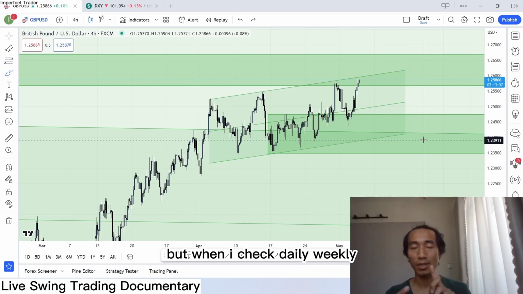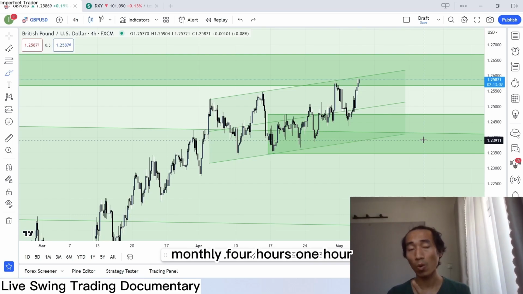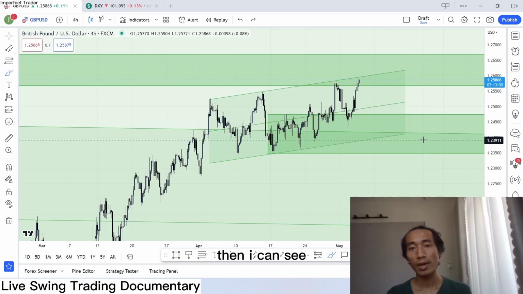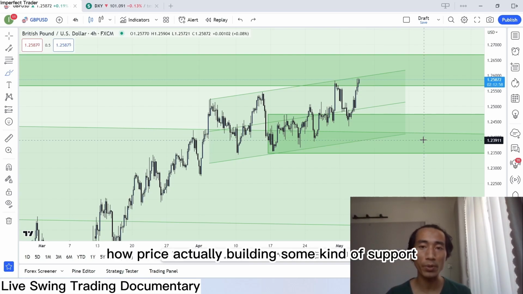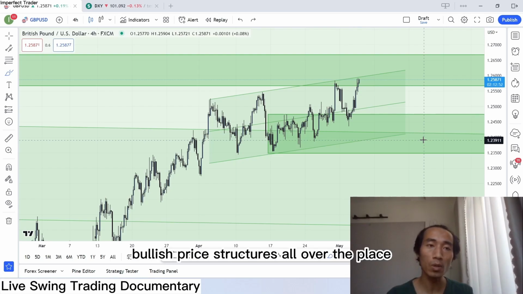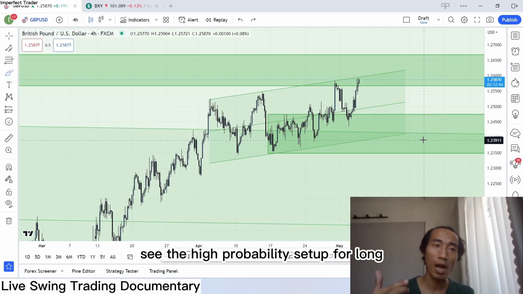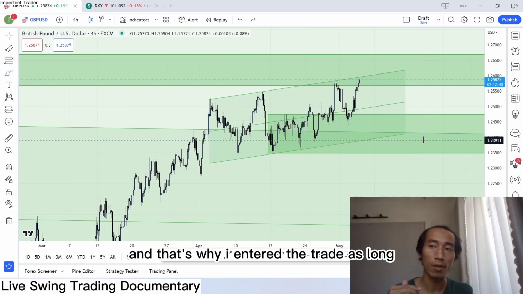But when I checked daily, monthly, 4 hours, 1 hour, then I could see how price was actually building some kind of support, how price is building bullish price structure all over the place. And that is when I started to see the high probability setup for long. And that's why I entered the trade as long.